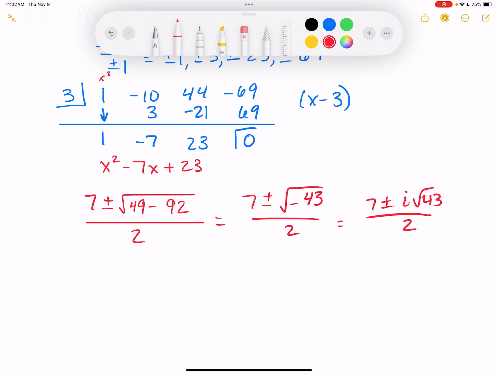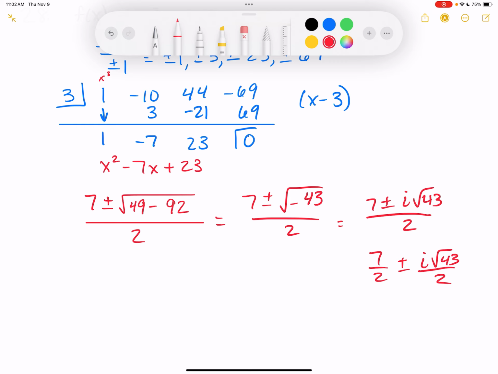So when I move it over, it's going to be x minus this whole thing, but this sign is going to be positive in one, and it's going to be negative in the other. If you wanted to write it as 7 over 2 plus or minus i root 43 over 2, you could also do that, but I would just leave it all together and write it. But more so just a notation if it ever comes up as a multiple choice question on your exam.